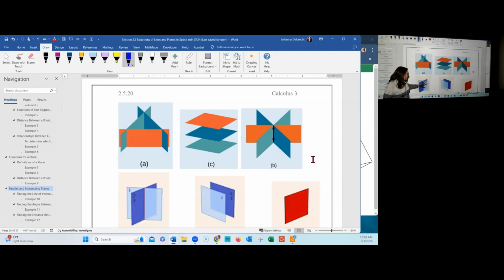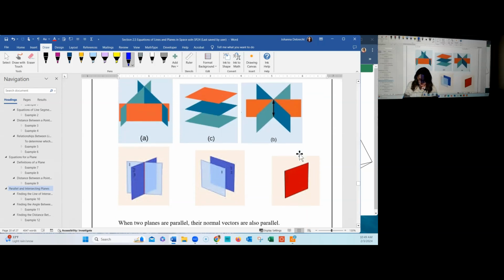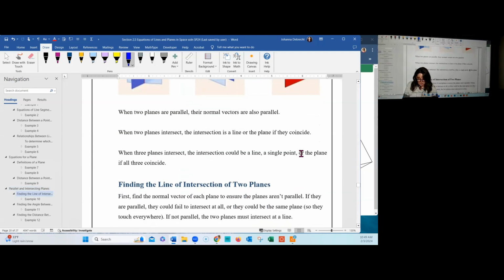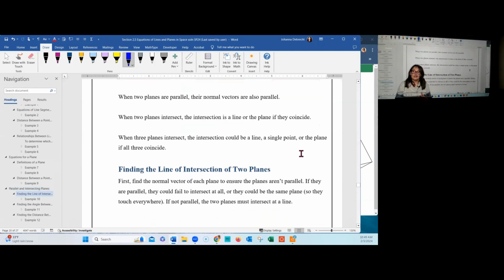Now, we also have the possibility of the intersection being a line if two of the planes are the same plane and they intersect the other plane. But if two of the planes are the same and one is parallel, then there's no point in common. And then, of course, they could all be the same plane, in which case they intersect at all the points in the plane. So how are we going to distinguish?